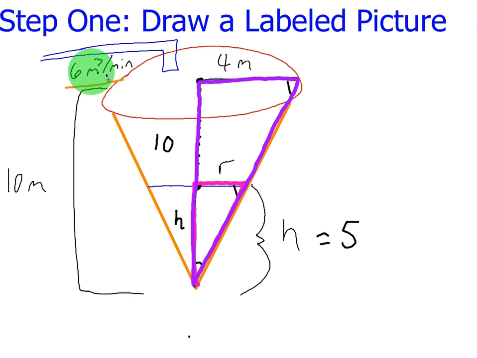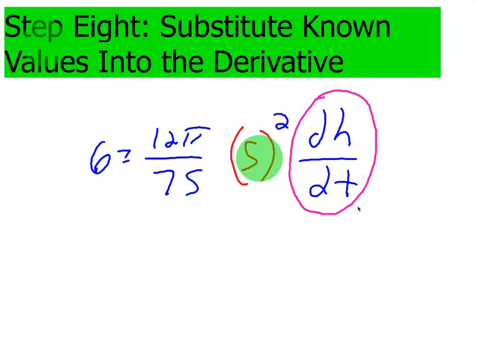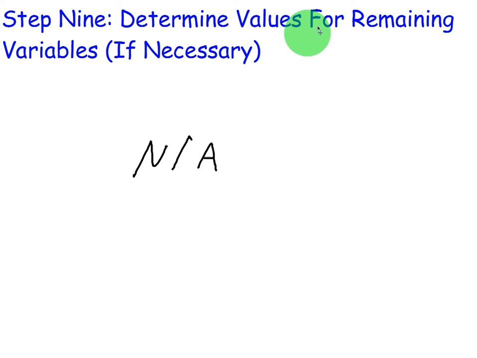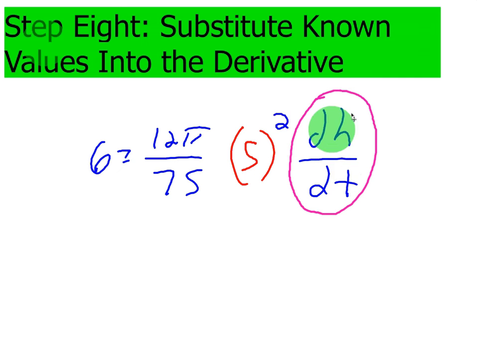We were able to plug in dV/dt, which is 6. If you look at this equation, you only have one variable left, dH/dt, which is the rate at which the water is rising in the cone. So again, for example 3, step 9 won't be necessary because we already have the one variable we're trying to solve for. All we have to do is isolate that variable.